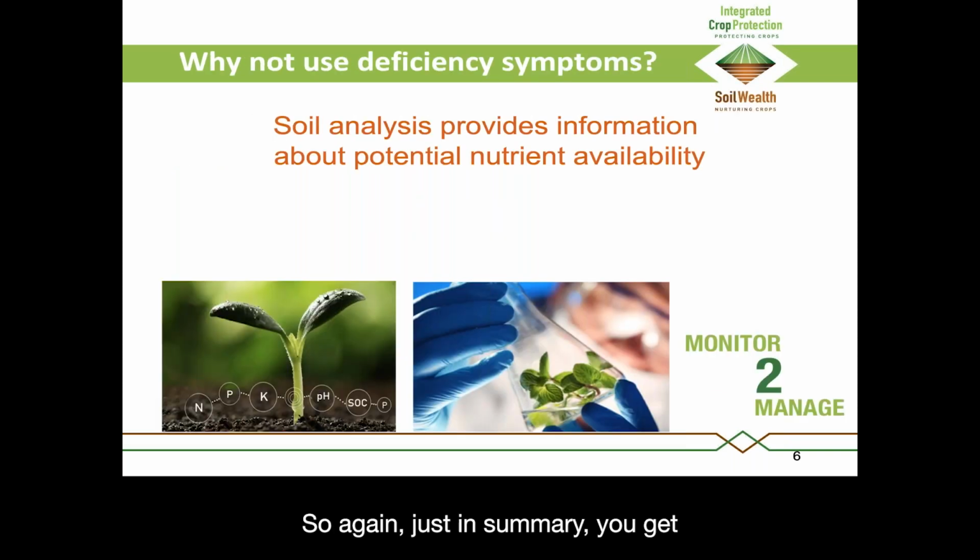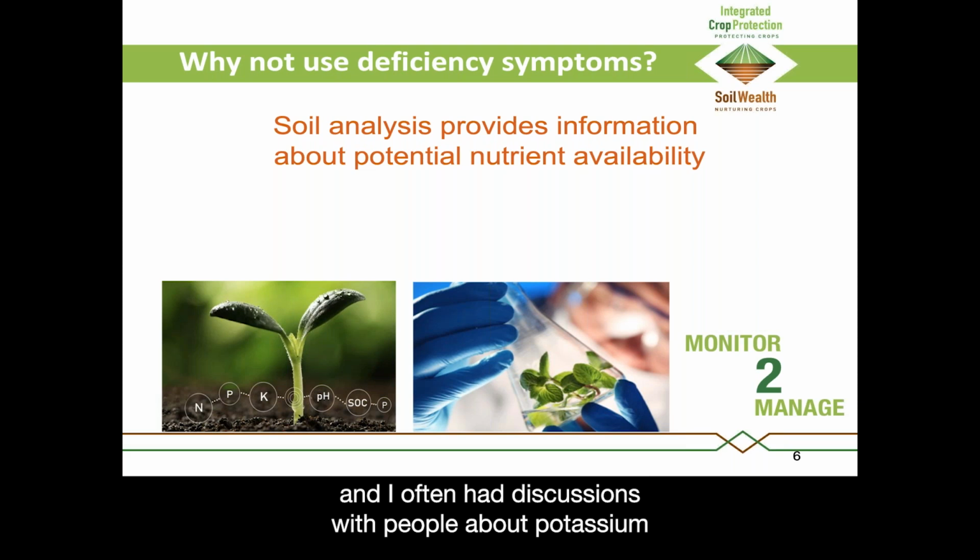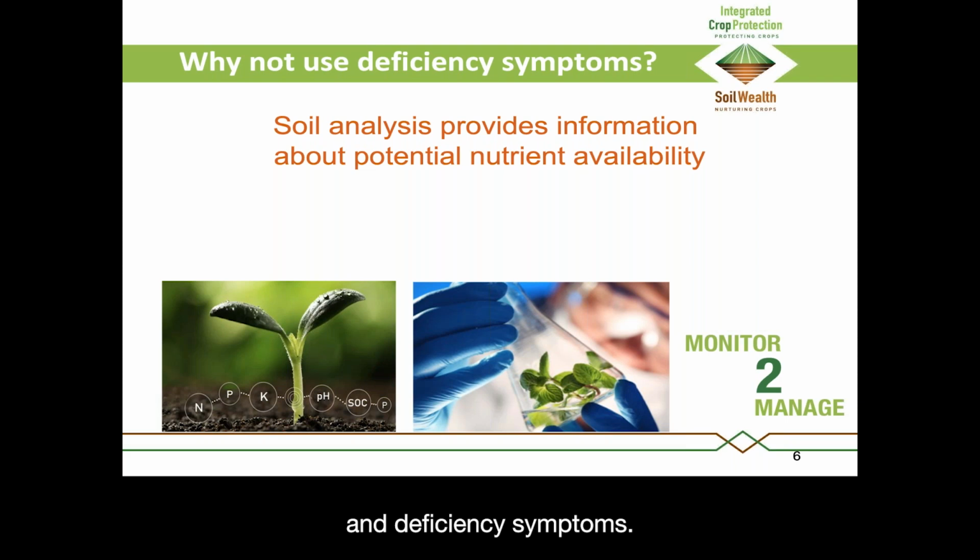So again, in summary, from the soil analysis you get an idea of what potentially could be available. I often had discussions with people about potassium levels in the soil, and potassium levels were absolutely fine in the soil. However, plants still ended up with deficiency symptoms.